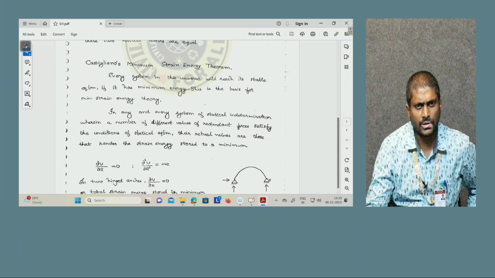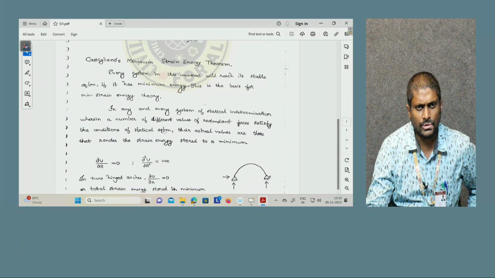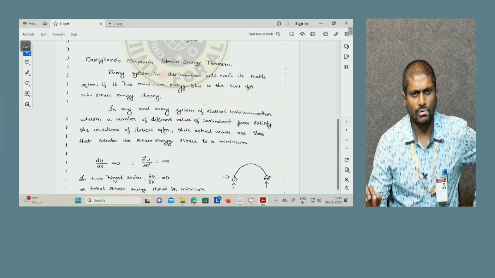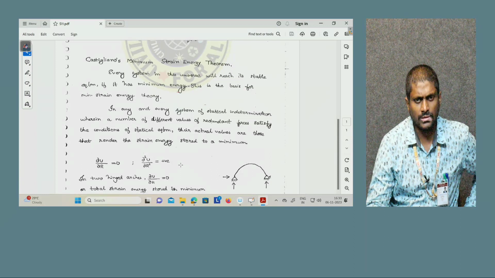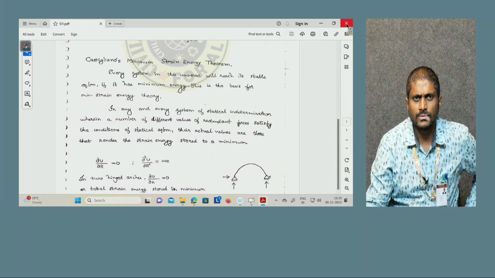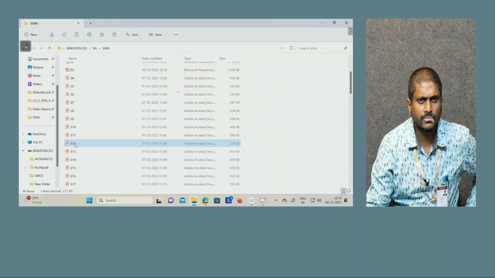Dou U by dou R equals 0, dou square U by dou R square is positive. In two hinged arches, dou U by dou H equals 0, our total strain energy stored is minimum. So that is all about Castigliano's theorem.